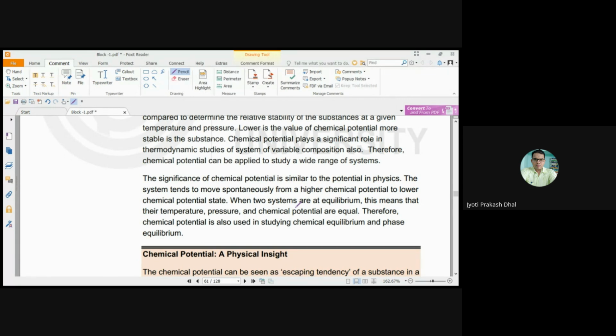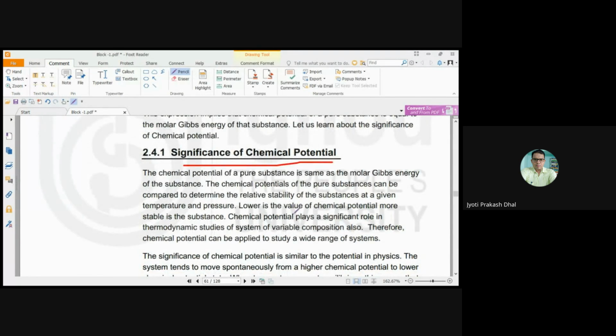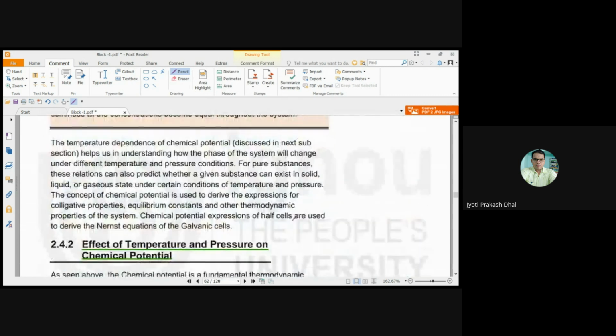So the G term is very important, and as G is an extensive property, it depends upon the amount of the substance present in the system. So chemical potential is also a very important thermodynamic parameter.